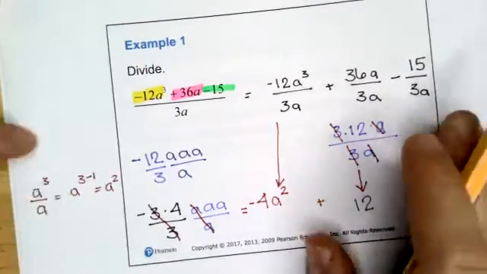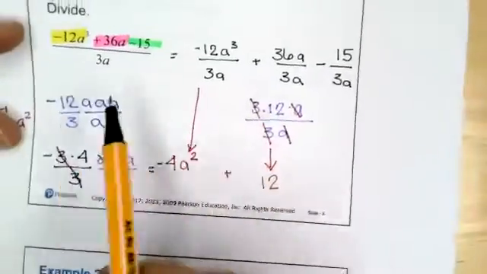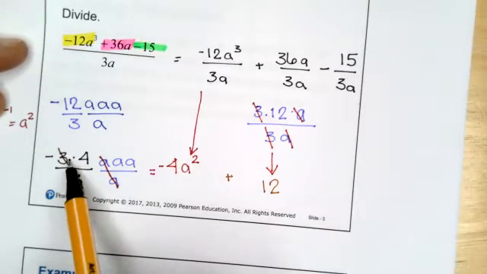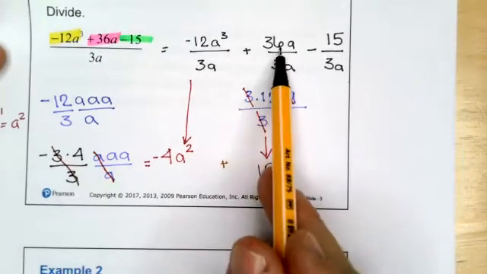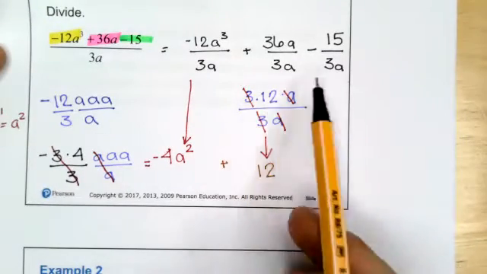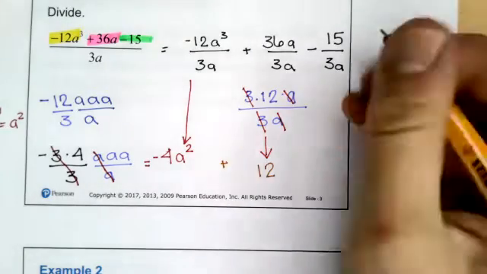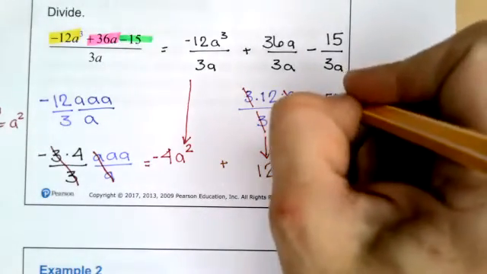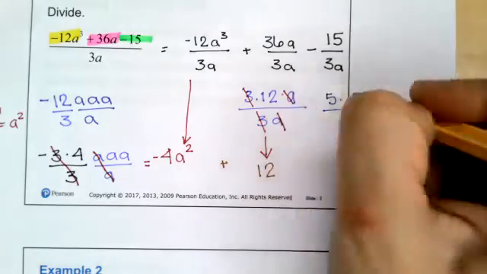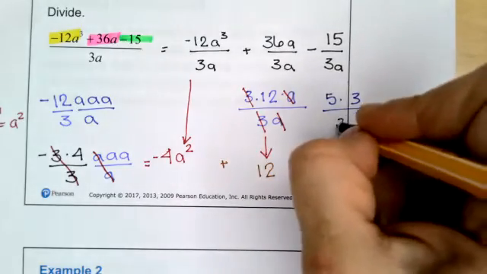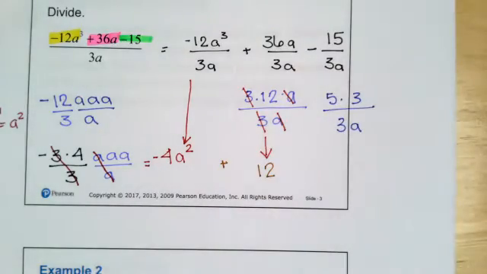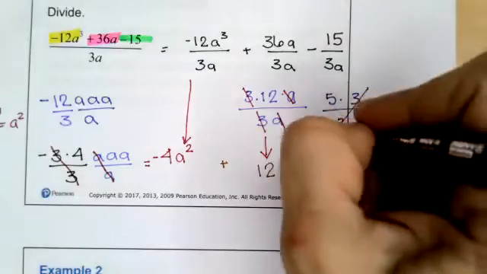15 and 3. Doing the same thing, right? Negative 12 became negative 3 times 4. Positive 36 became 3 times 12. 15, if I'm wanting to factor it into groups of 3, becomes 5 times 3, right? There are no a's, so 5 times 3 over 3a. I can still cancel out the 3.